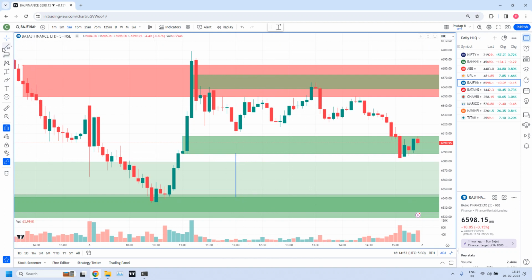Actually, this is supposed to be your profit. See, this is 107 rupees profit here, but now you'll be getting 47, not even 50% of the profit.